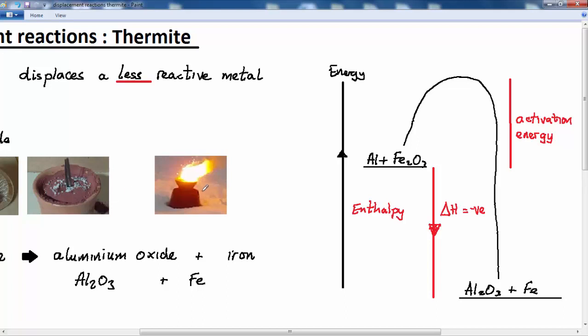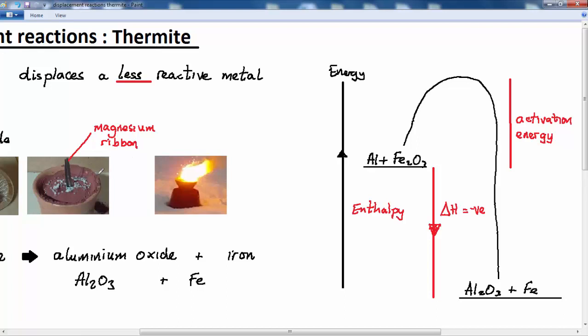Now, that's not going to happen just by mixing the two in a flower pot. We've got to literally kickstart that reaction, and so this is where the magnesium ribbon comes in. We've got the magnesium ribbon mixed in with the oxidizing agent. So when the magnesium ribbon burns, it gets very, very hot indeed. It releases a lot of energy, and that combined with the oxidizing agent helps to introduce more heat into this reaction to kickstart the reaction between the aluminium and the iron oxide.